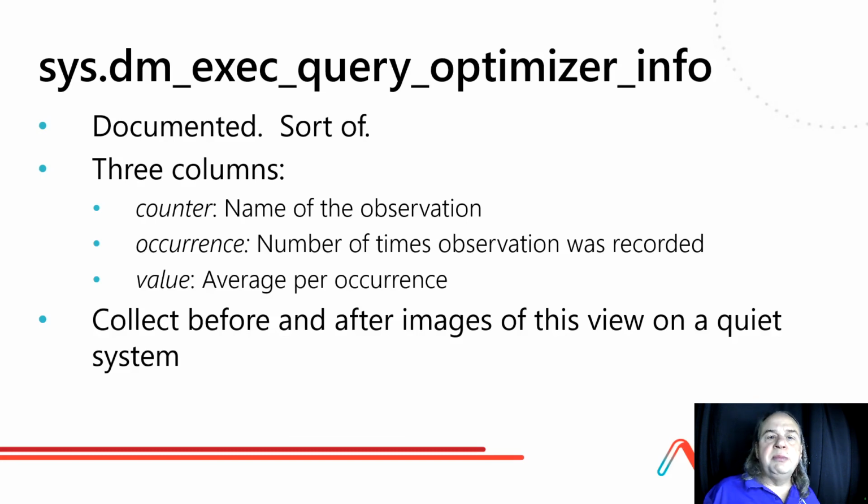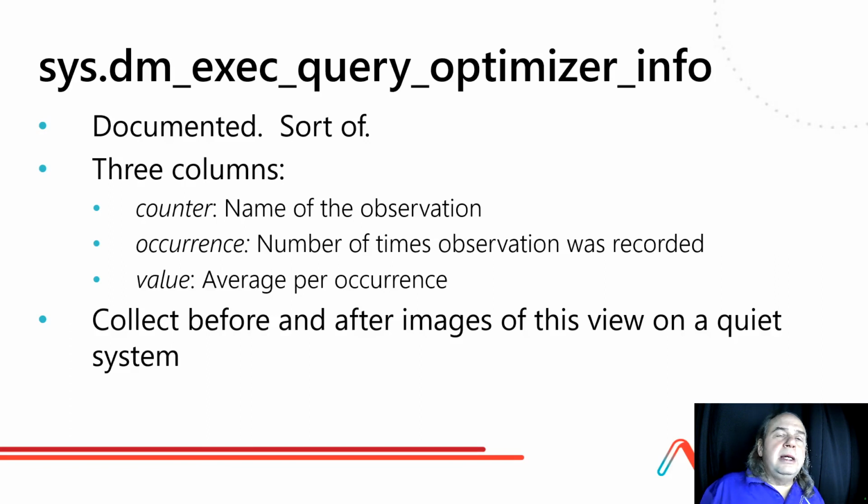An observation might be the number of tables used in the query, the number of times that an optimization went into search phase 2 or something like that. Then we'll have a counter that tells us how many times this particular observation happened. That's the occurrence column. And then finally the average, the number of times that it was used.